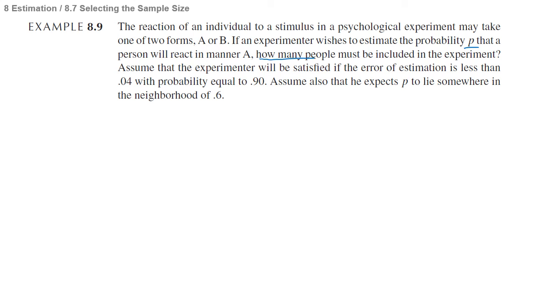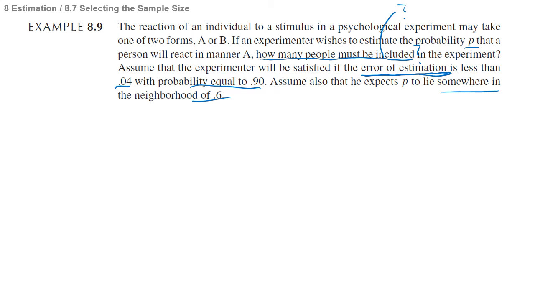How many samples do we need? Assume that the experimenter will be satisfied if the error of estimation is less than 0.04 with probability equal to 0.9. Assume also that he expects p to lie somewhere in the neighborhood of 0.6.